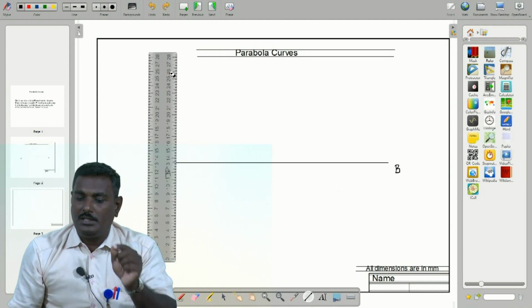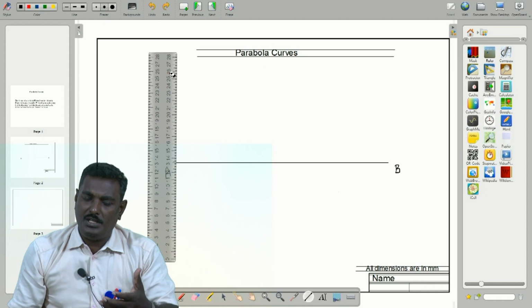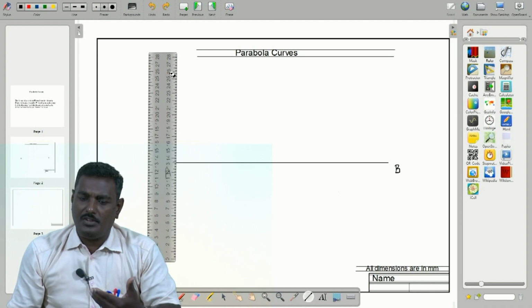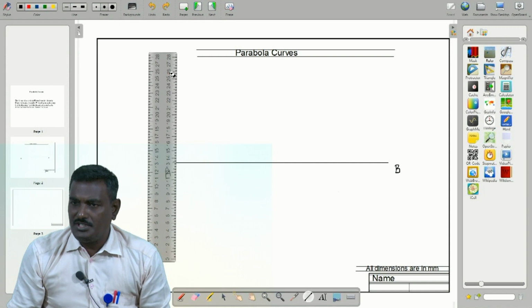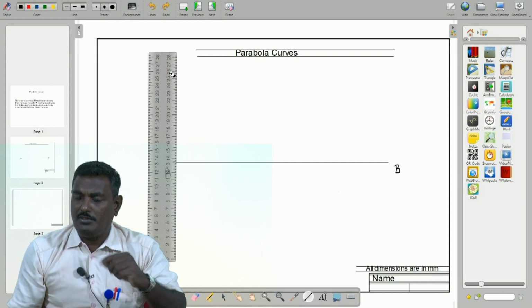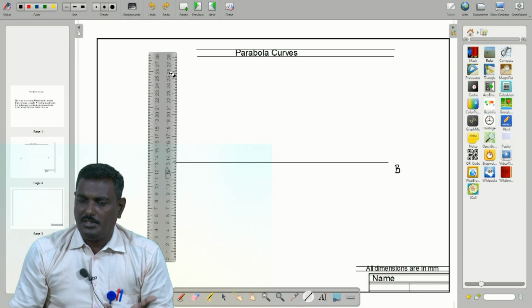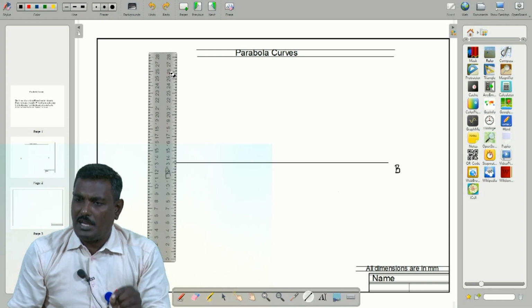The line you draw on the drawing sheet should be visible to your own vision, not to faraway visions. By that it's very easy, whenever you make any mistakes, after erasing there is no impression. That's why you should not press highly.